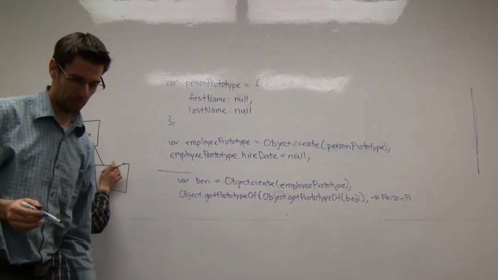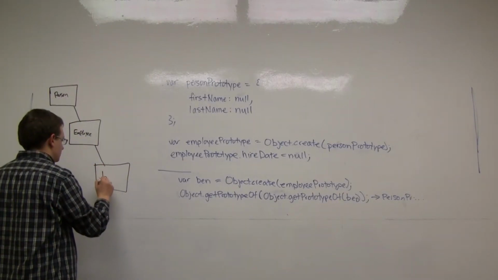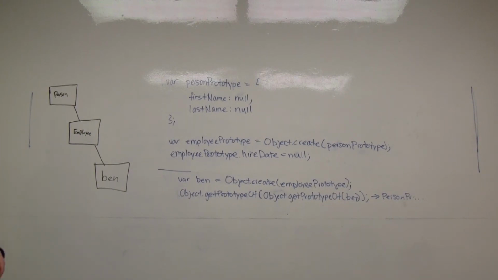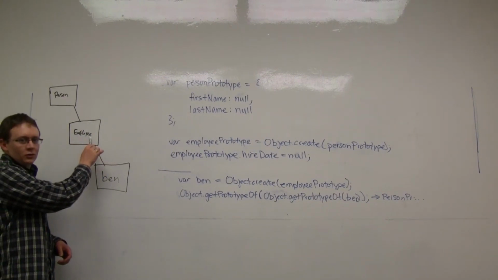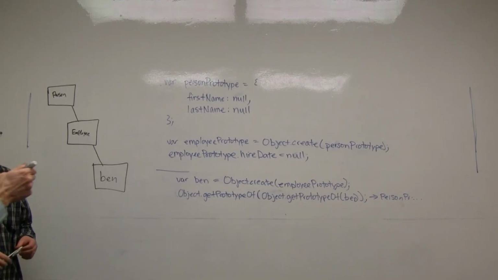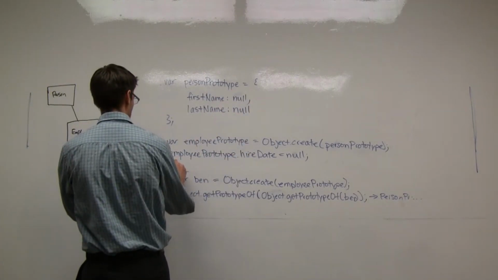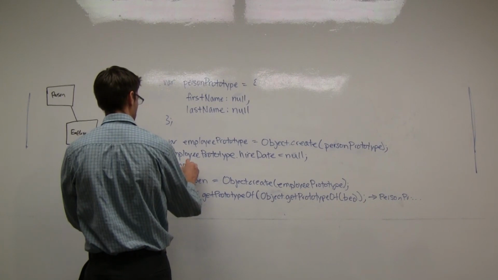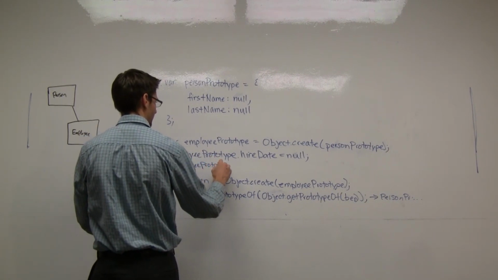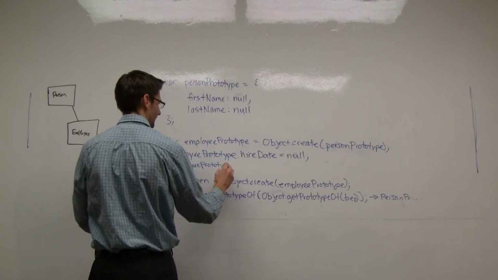That is a thing of beauty because now you see that model that Ben is drawing up right now makes perfect sense. I am one of these. One of these is one of those. And now at any time we can come up here sometime later and say, boy, what should we add to the employee prototype? What's important to us today? How about the terminate date?